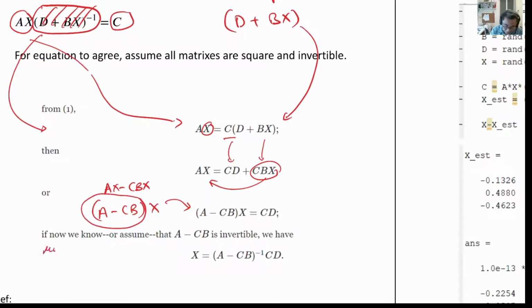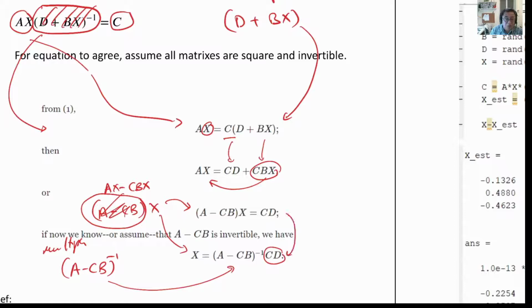So we multiply on the left by (A minus CB) inverse. We'll get rid of these terms, leaving us with X, and (A minus CB) inverse is left multiplying with CD on the right hand side, showing us this is X.